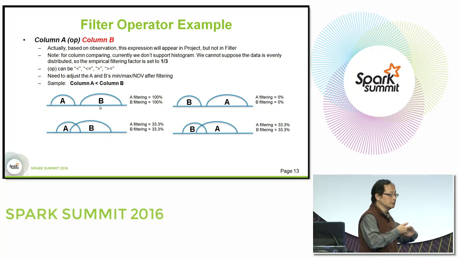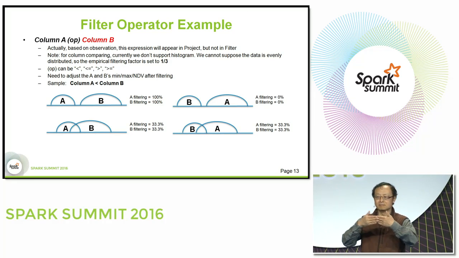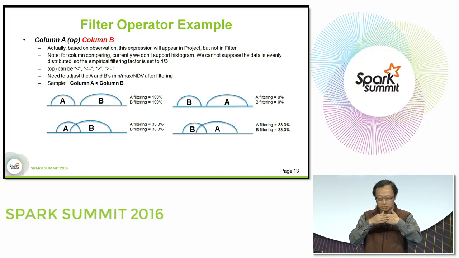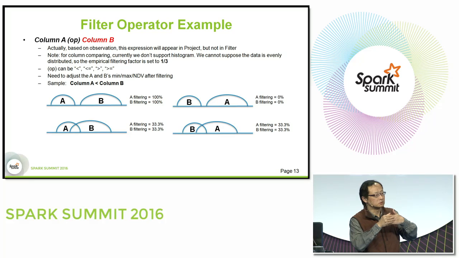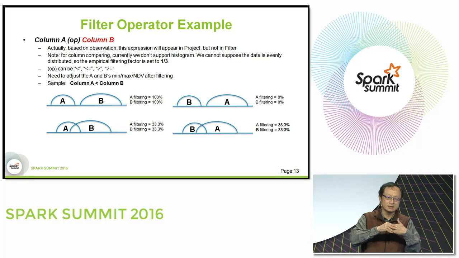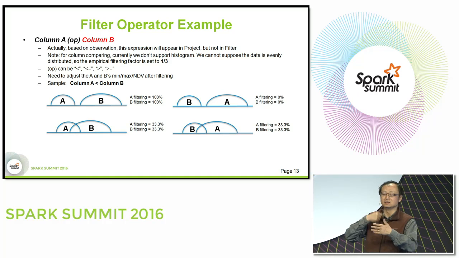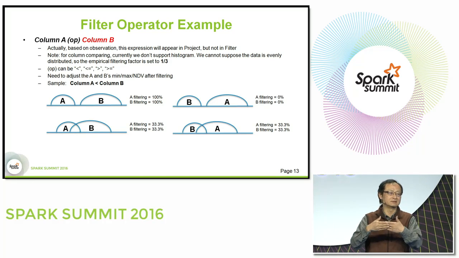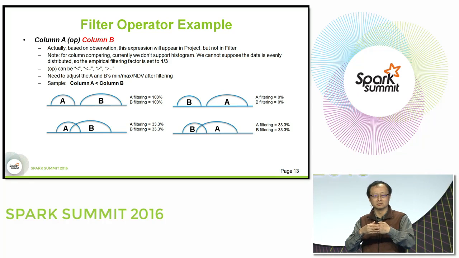But the most common case is that A and B overlap. For example, in TPC-H, there are some queries. We want to find those orders where the commit date is less than the receipt date. Basically, initially you commit to a certain date, but on that day, there is some delay, and you fail to ship.